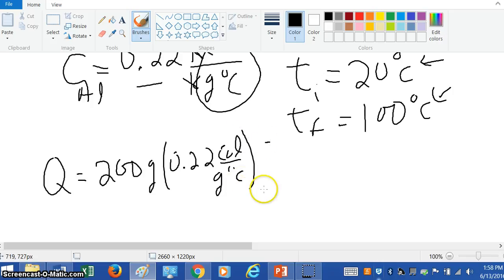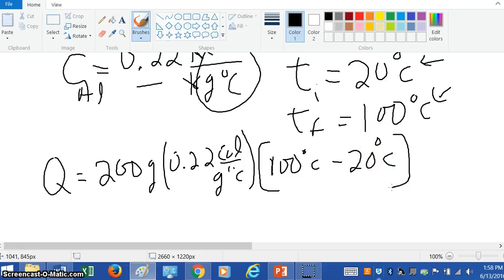And the change in temperature, so it's going to be T final 100 degrees Celsius minus the initial 20 degrees Celsius. Okay? And that'll give us the amount of energy in calories. So this is going to be some number of calories, with a small L.